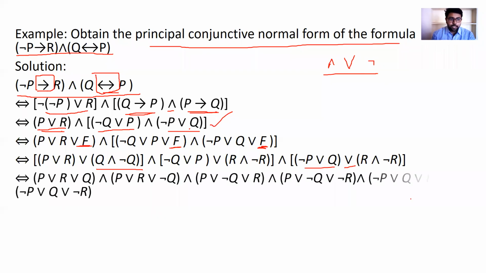Okay, next, I'm going to apply the distributive law here.